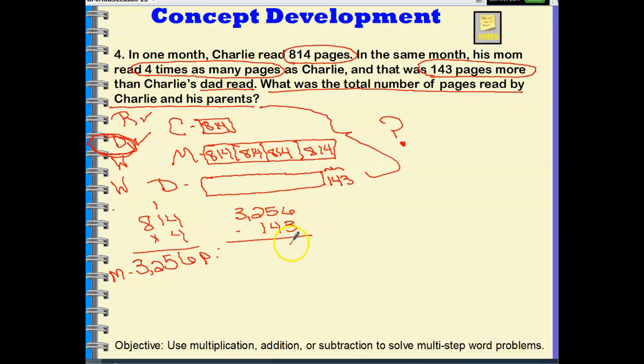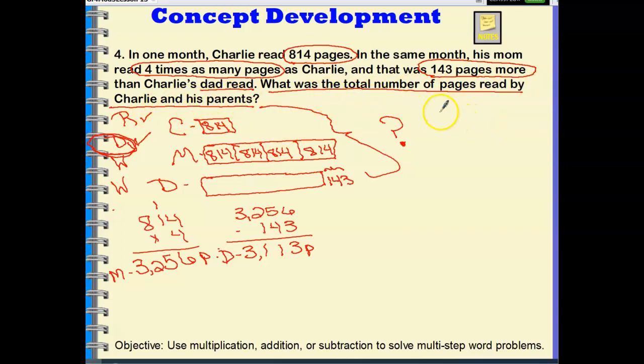So 6 minus 3 is 3, 5 minus 4 is 1, 2 minus 1 is 1, 3 minus 0 is 3. So that's pretty simple because we don't have to do any decomposing or regrouping. So Dad read 3,113 pages. Now, remember, our question was, what was the total number of pages read by Charlie and his parents?